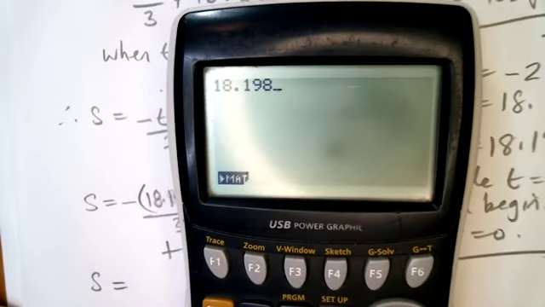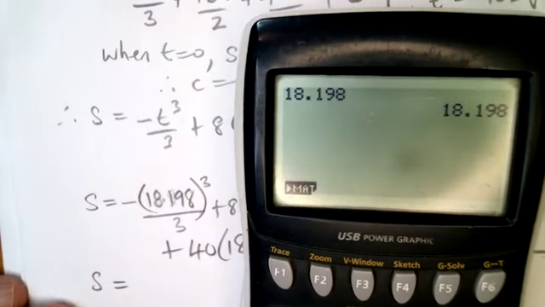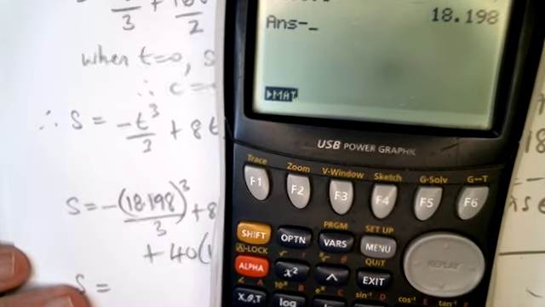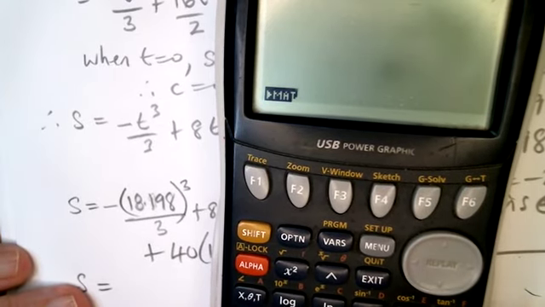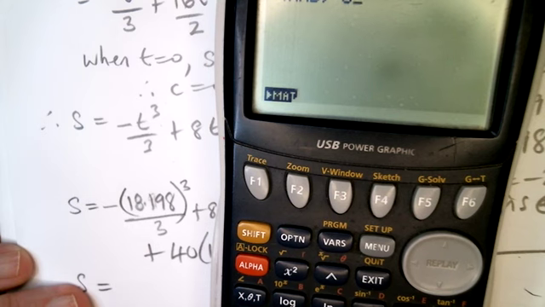There it is. Execute. I'm now going to use that as my number. So let's try this. I'm going to have negative, and the answer cubed, so to the power of 3.